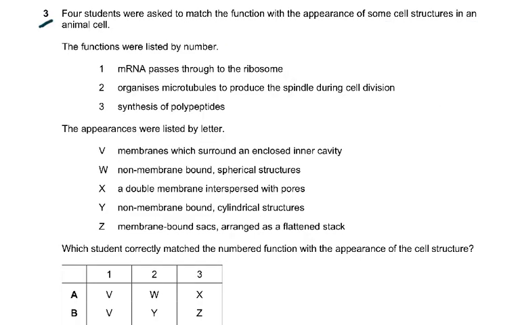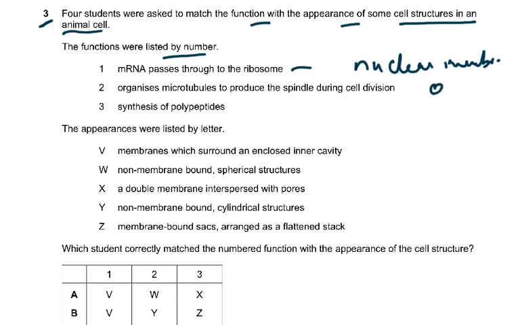Then coming to question number 3, 4 students were asked to match the function with the appearance of some cell structures in an animal cell. The functions were listed by number. mRNA passes through to the ribosome. So this would be the nuclear membrane. So the mRNA, which is formed in the nucleus, passes through the nuclear pores. Then organize microtubules to produce the spindle.